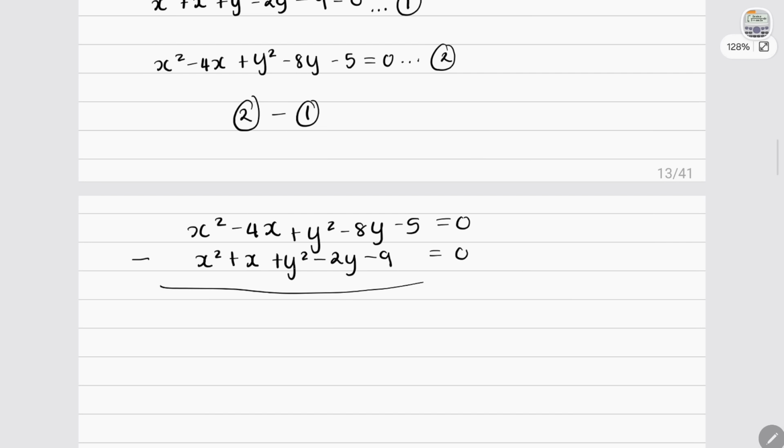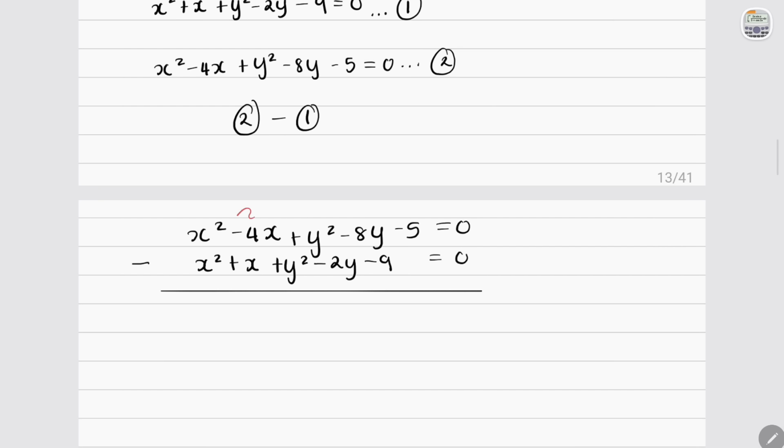So when we're subtracting this, you're going to take the x squared and you're saying minus an x squared, which just gives you 0. So these would just cancel. And then it's the negative 4x minus an x. So negative 4x minus x is negative 5x. So this is what we have here, negative 5x. And then it's the positive y squared minus y squared, which gives you 0.